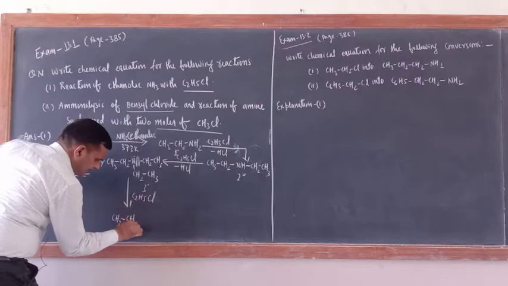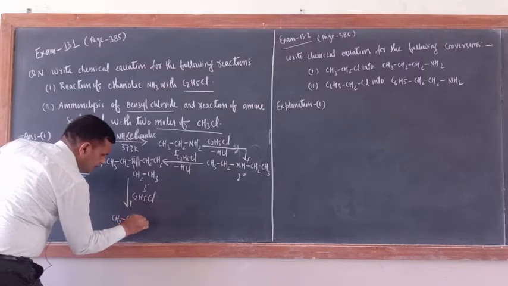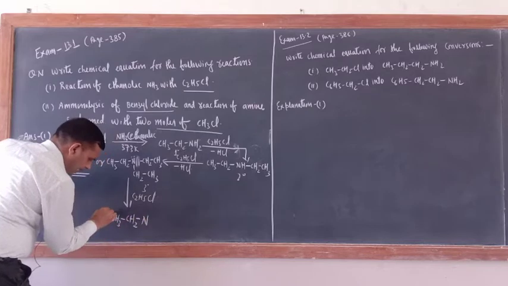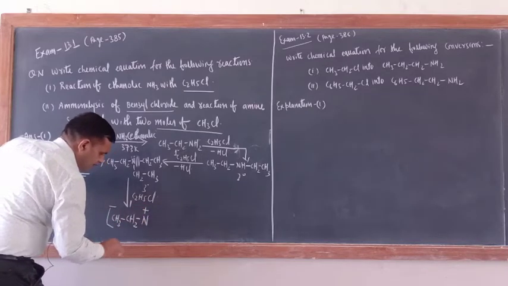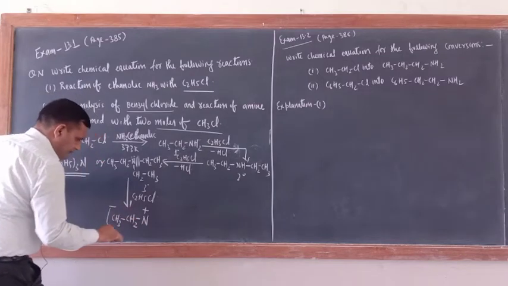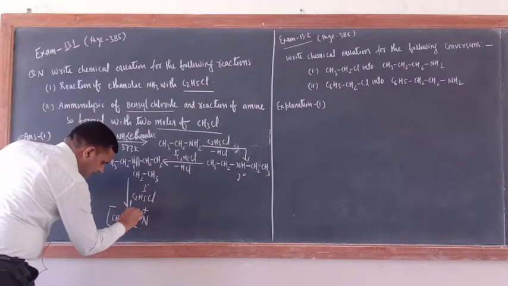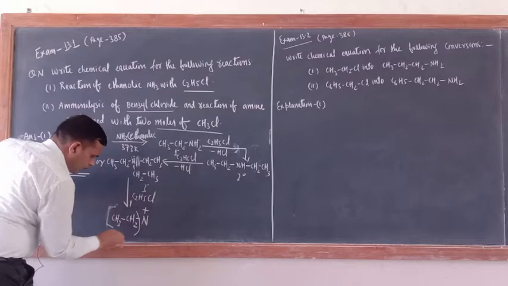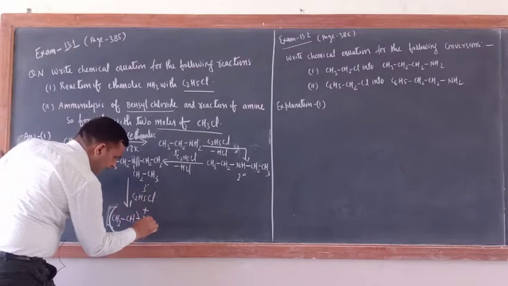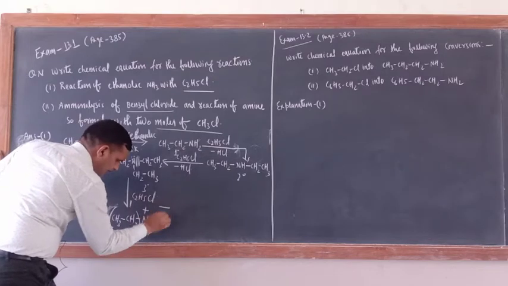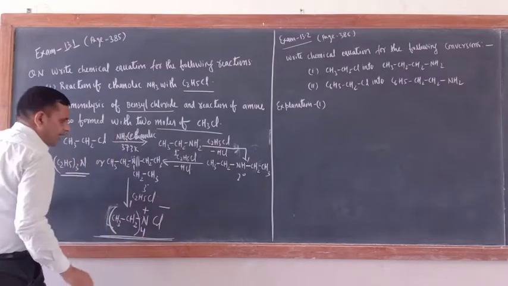CH3CH2, bracket close, positive sign. Better to write CH3CH2 whole to the power 4, and here Cl negative. This is quaternary ammonium salt.